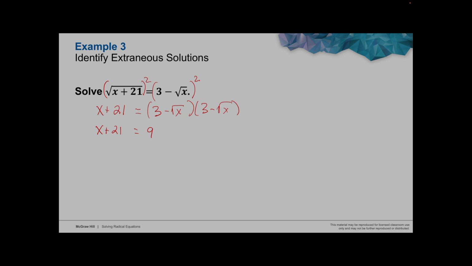Plus what? Radical x times radical x, which is radical x squared, which is just x. So this is going to be plus x. Radical x squared just cancels. Okay.